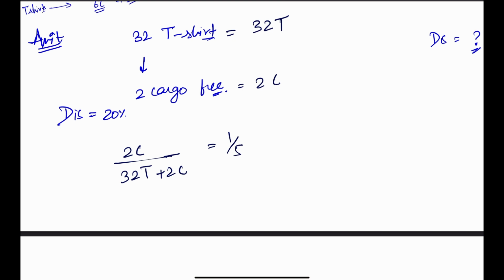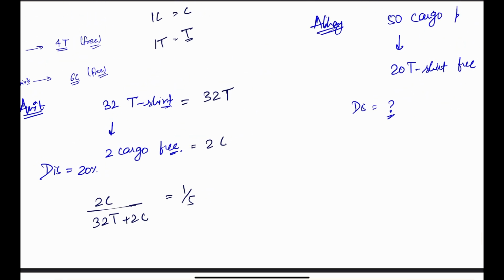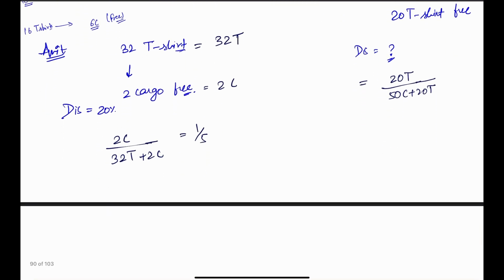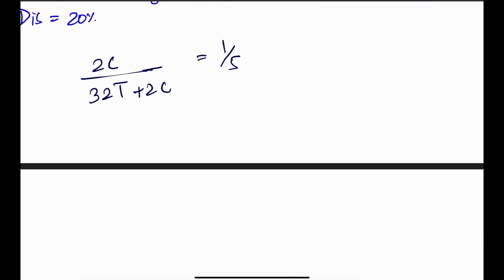Because he is getting a discount on the market price, and in this regard the discount will be 20t divided by 50c plus 20t, right? Let's just find the value of c and t.